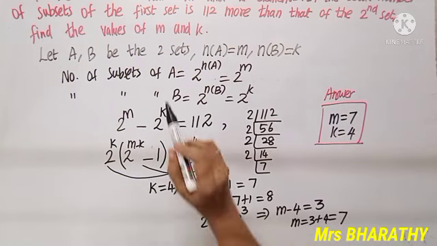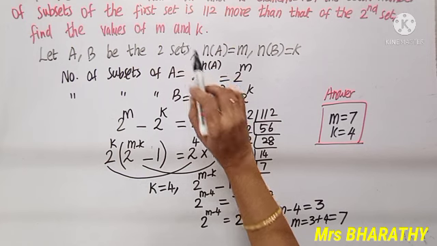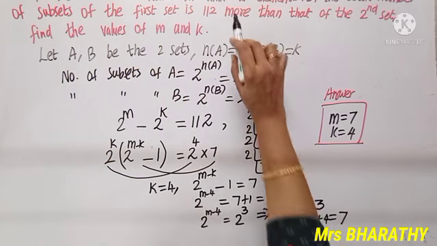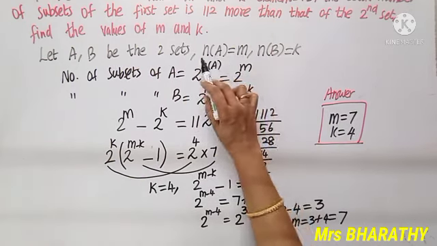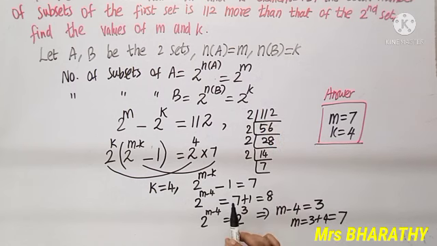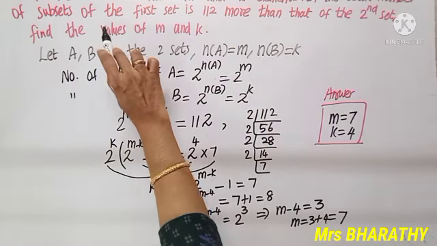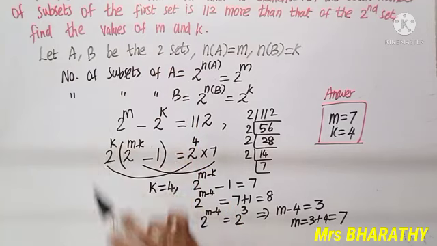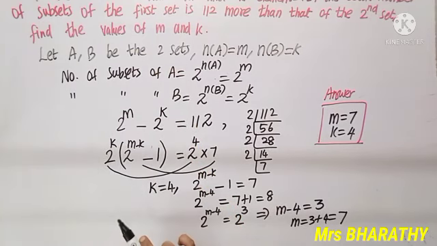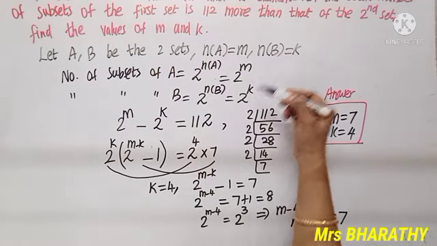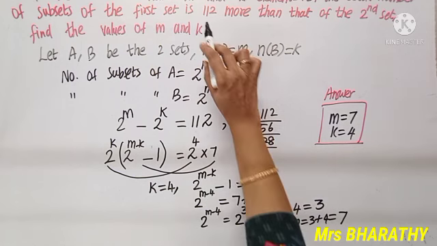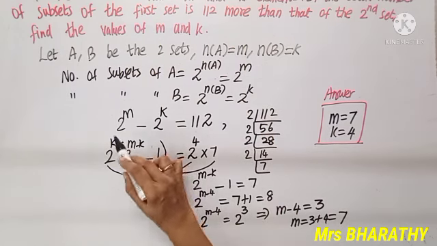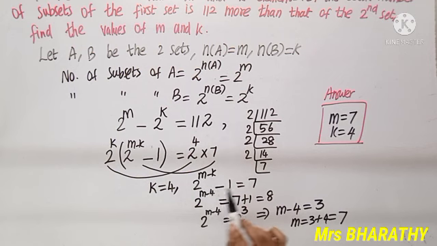As we name A, B as the given sets, m, k are the number of elements. So n of A is m, n of B is k. They have given the number of subsets. The moment I read number of subsets, I read 2 power m and 2 power k. 112 more tells me 2 power m minus 2 power k is 112.